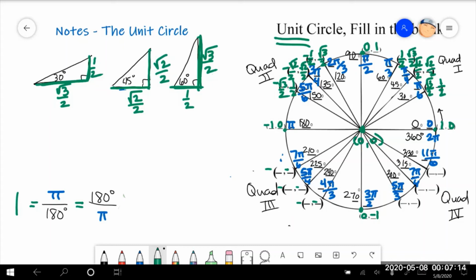And if you can understand where those patterns are coming from, it's going to make it a lot easier to fill it in without you necessarily having to memorize it, okay? None of the unit circle for me is memorized, but instead it's more of a pattern-based set of numbers and ordered pairs and conversions. So that's going to take care of the information for the unit circle.